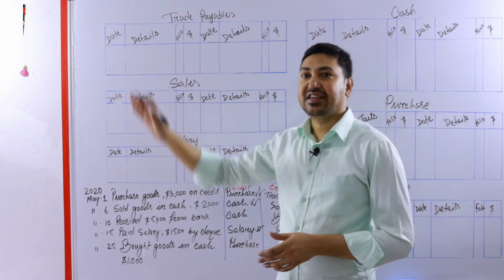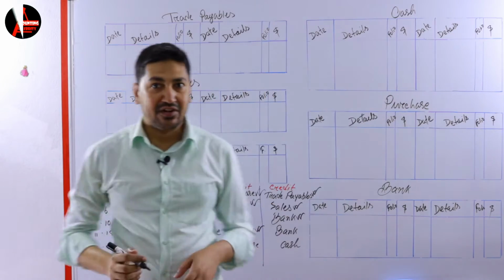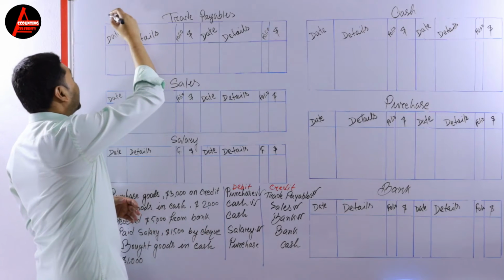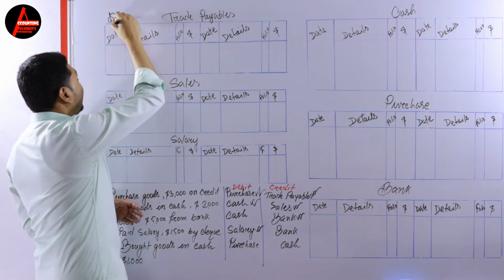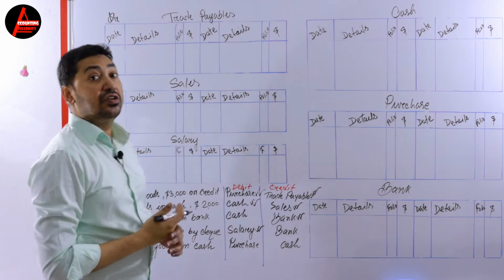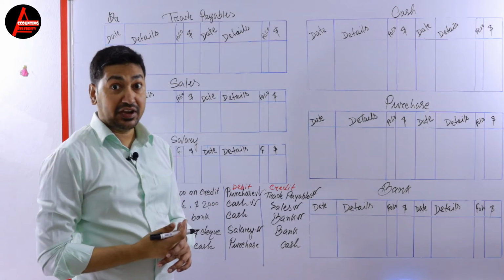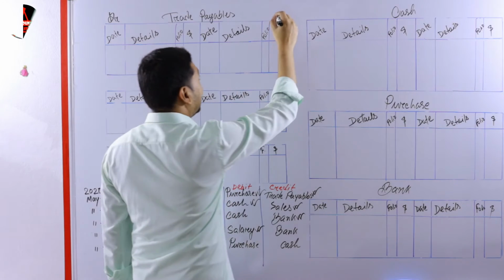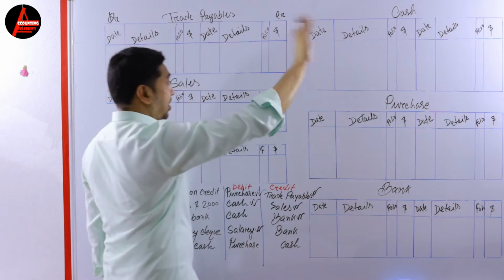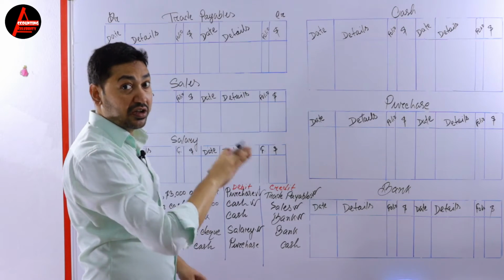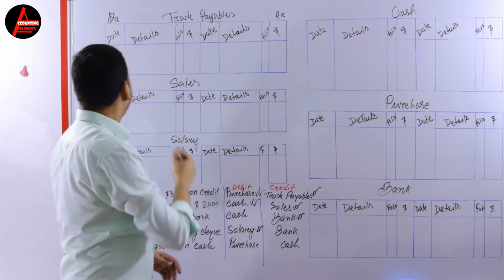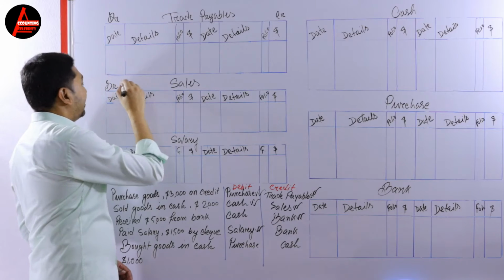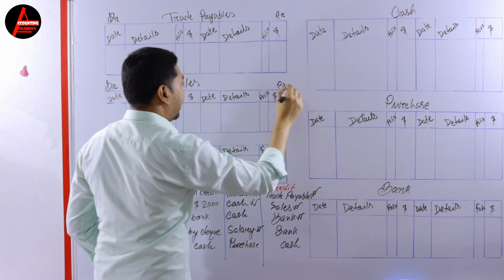This side is called the debit side, DR. So you should write DR here. You already know debit is abbreviated to DR. And this side is called the credit side, CR.